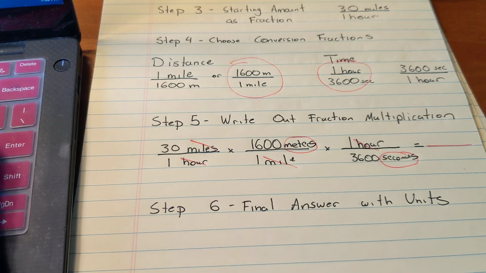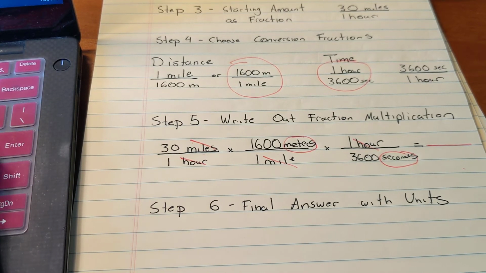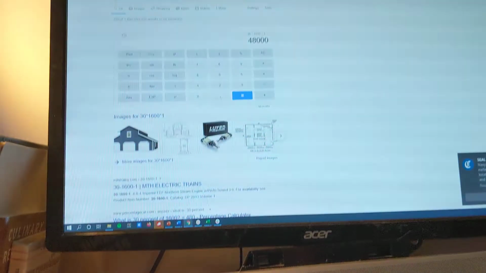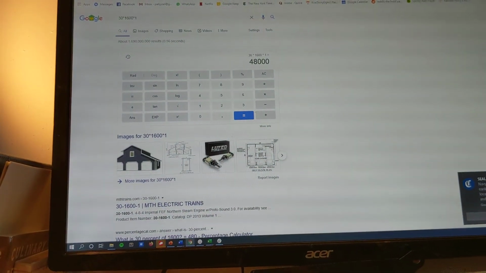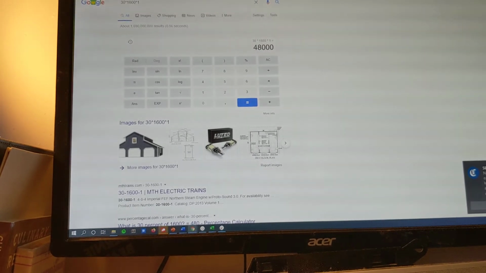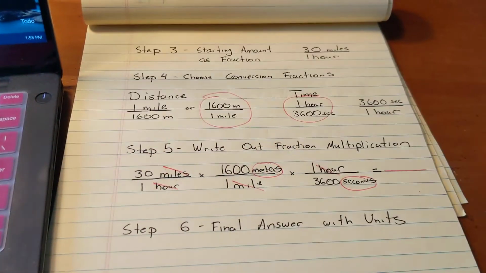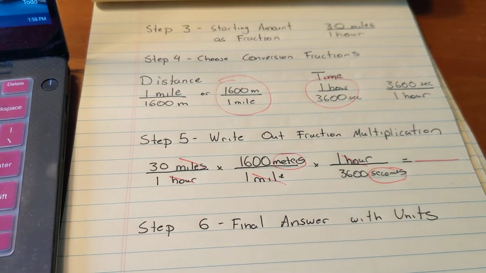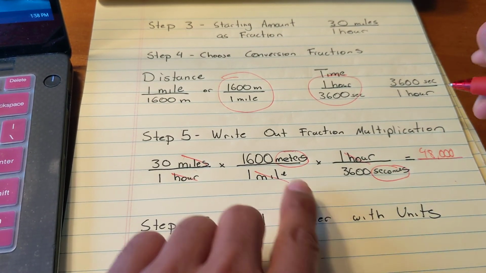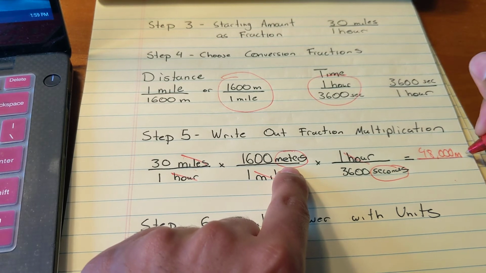So 30 times 1,600 times 1, as you can see up here, is 48,000. Okay, so we're going to write 48,000 at the top here. And remember, the unit is going to be meters.